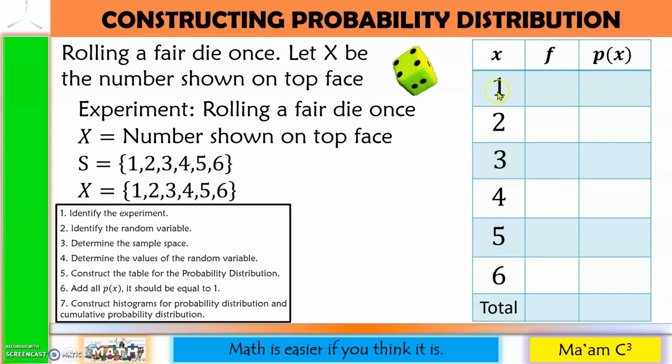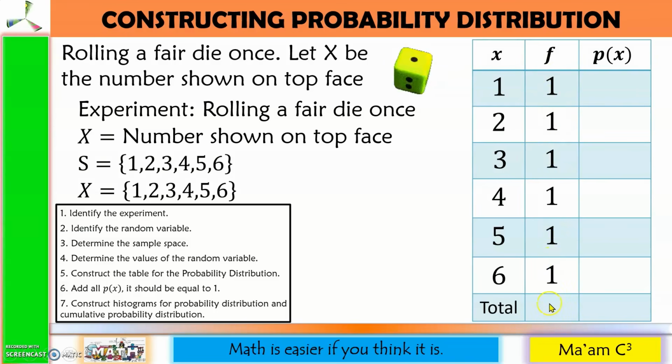So how many ones are there in a die? Only 1. So there is only one chance that 1 will appear on top face when this die is rolled. How many 2s are there in a fair die? Also 1. Same thing with 3, 4, 5, and 6.